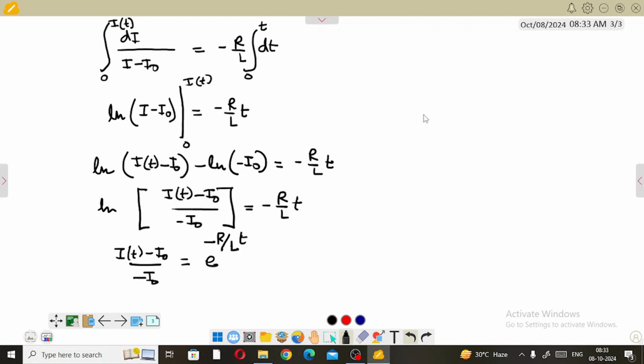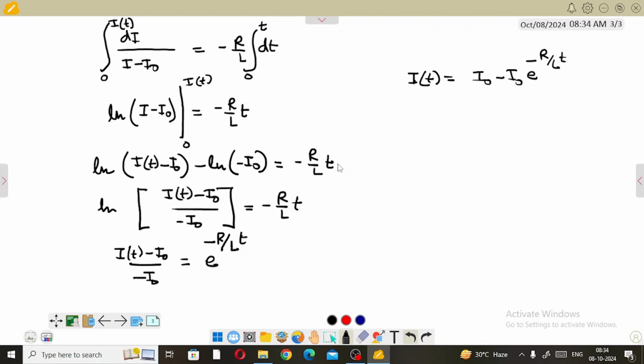Now if I do that, I get I(t) equal to I0. This I0 will come this side and I will multiply this I0 with this one. So I get I0 minus I0 e to the power minus R by L t.